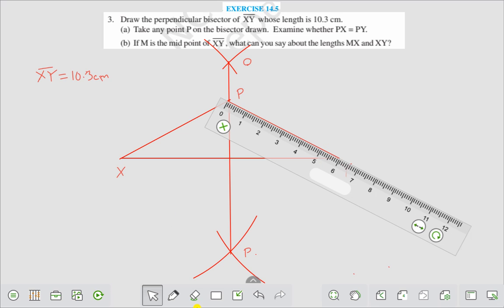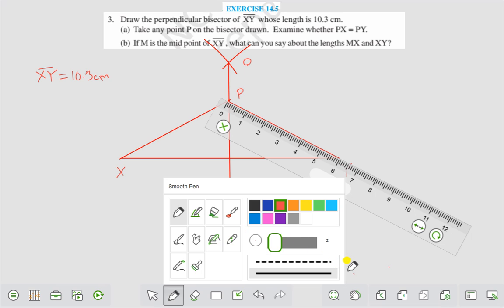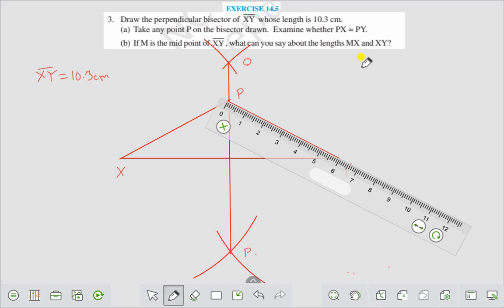We find that PY is equal to 6 centimeter and PX is equal to, let us measure the length of PX also.